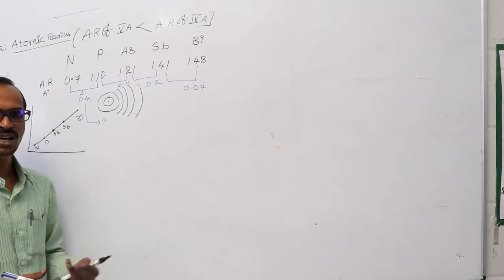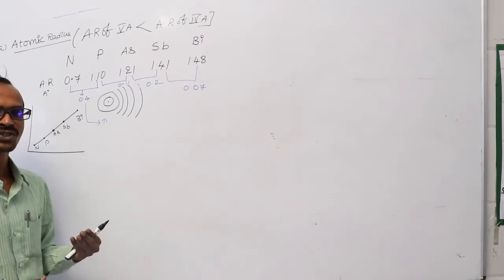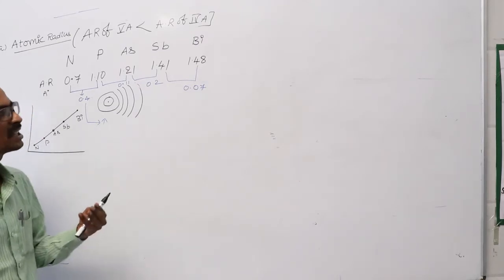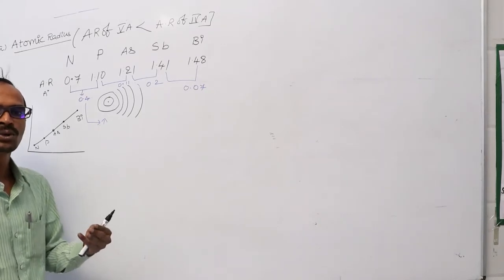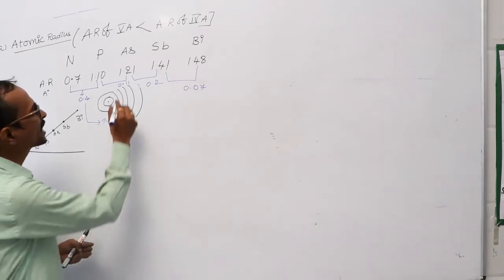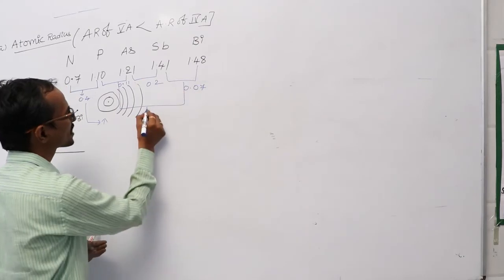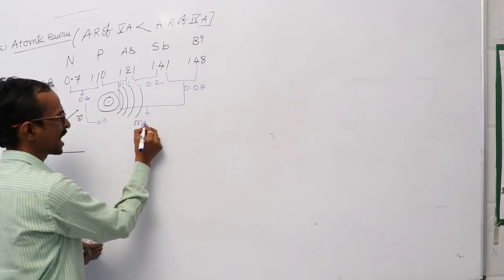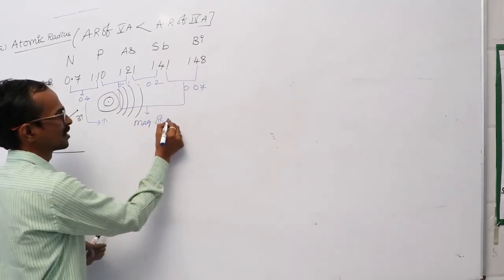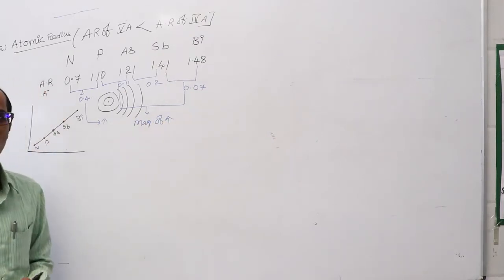After phosphorus, from phosphorus to arsenic, arsenic to antimony, and antimony to bismuth, the magnitude of increase is less. The magnitude of increase is lesser after phosphorus.